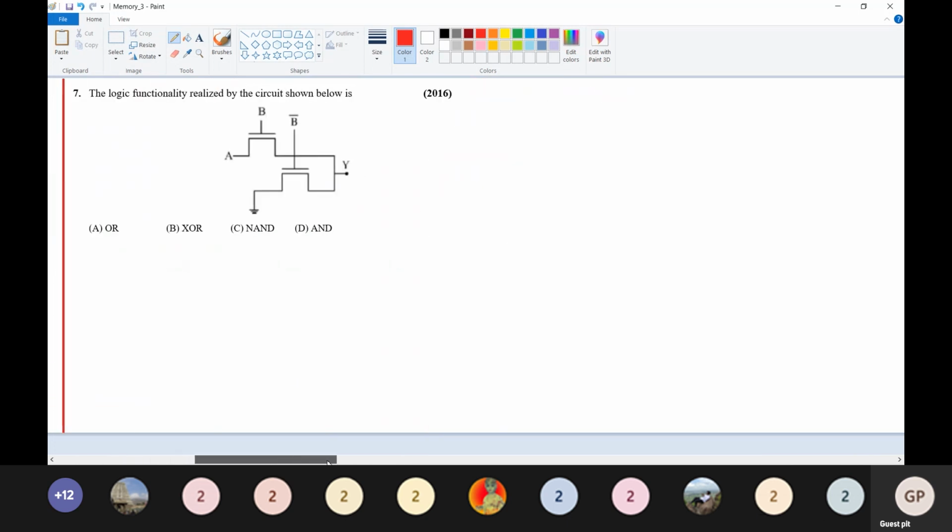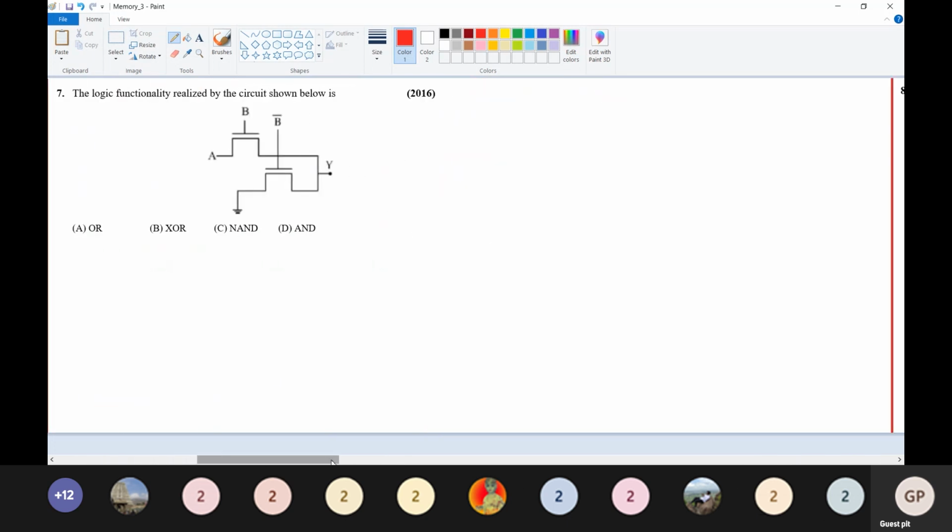Moving to the next question. The logic functionality realized by the circuit shown below.